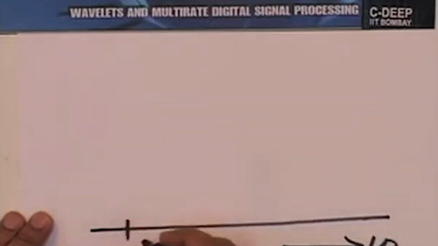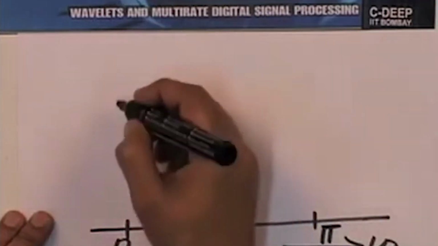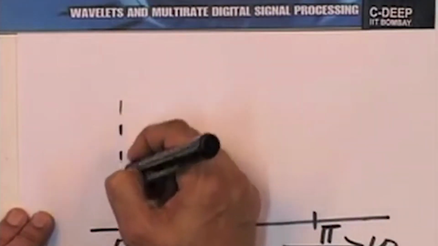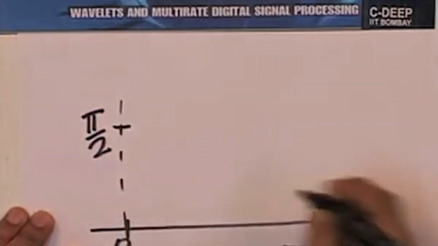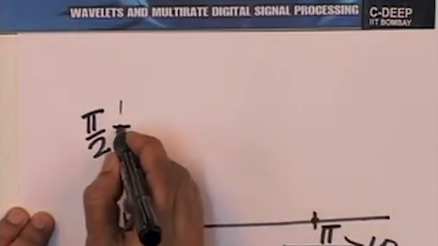So, of course, at omega equal to 0, it is going to be pi by 2. And at omega equal to pi, it is going to be 0. This is the situation.